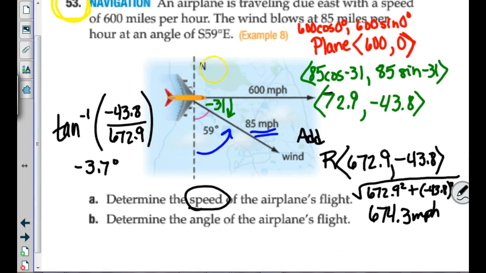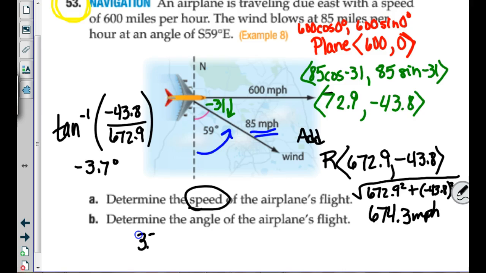If we wanted to do it south of east like they did, it would be a lot south of east, right? It would be almost directly east. The question on the quiz, guys, says how far off course is the plane being pushed? So if the plane's trying to fly directly east, how far off course is it being pushed? Yeah, 3.7 degrees, right?